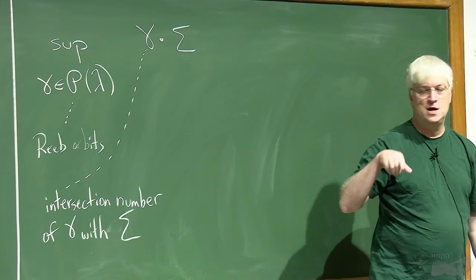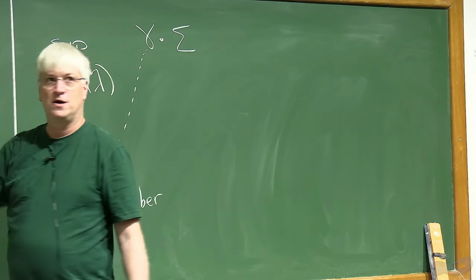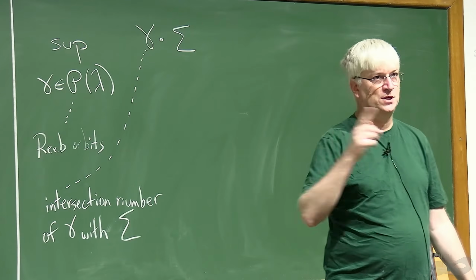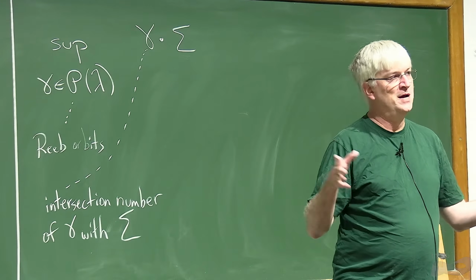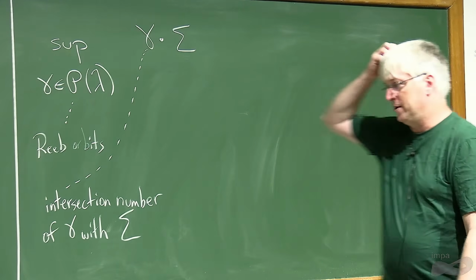Because I assumed that R is positively transverse to the interior, each intersection algebraically counts as +1. So it's just a positive integer. Well, it could be 0 if gamma doesn't intersect sigma at all. Otherwise, it's a positive integer.